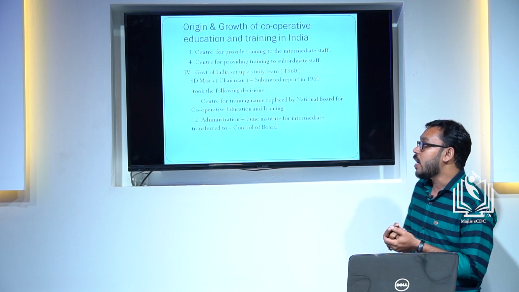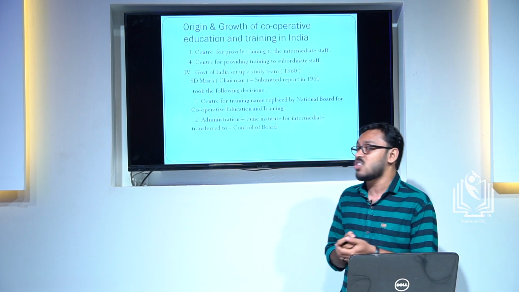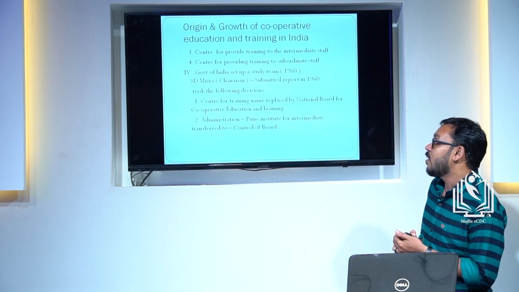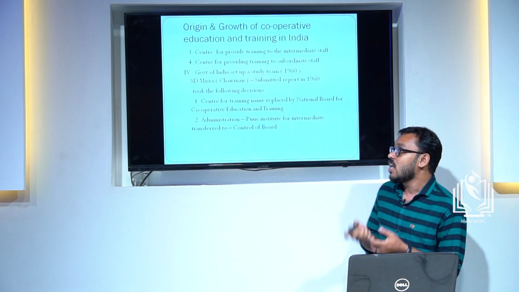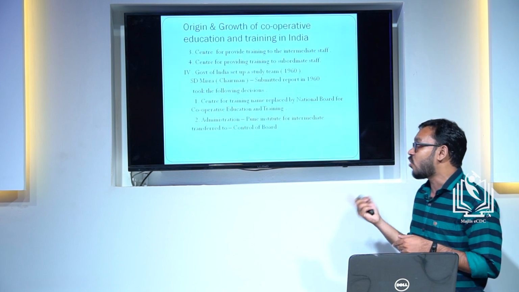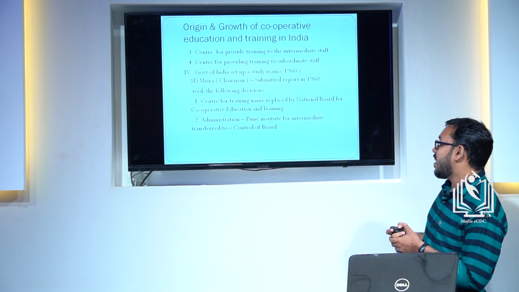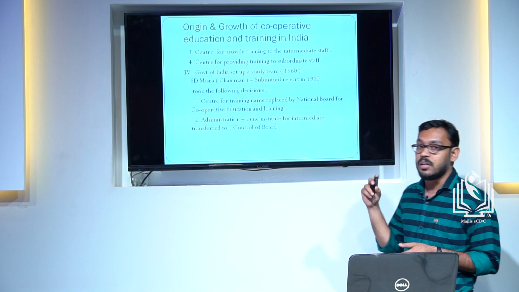So, the Government of India set up a study team under the chairman S.D. Misra. They changed the Center for Training's name, which was replaced by the National Board for Cooperative Education and Training.